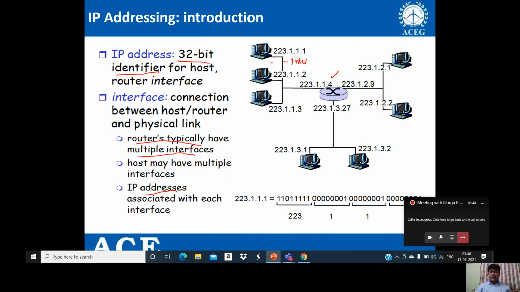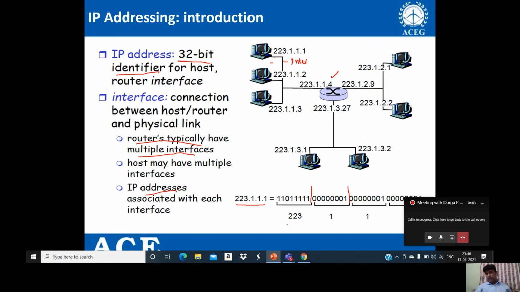And what we do is, each byte of this 4-byte address is represented in decimal notation, and these 4 decimal numbers are separated by dots. That is the reason why we also call this representation dotted decimal notation.